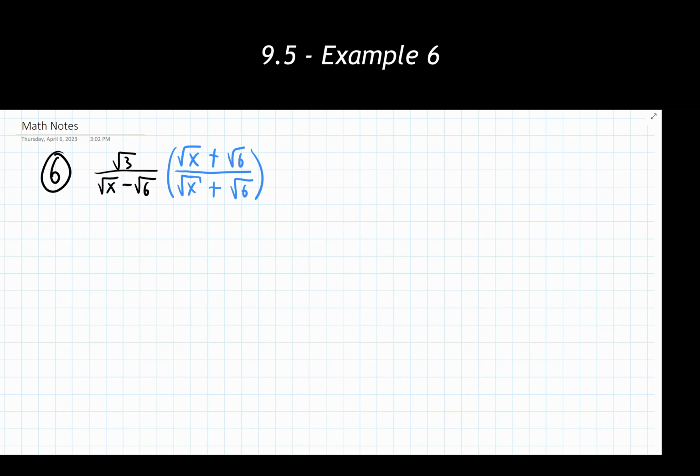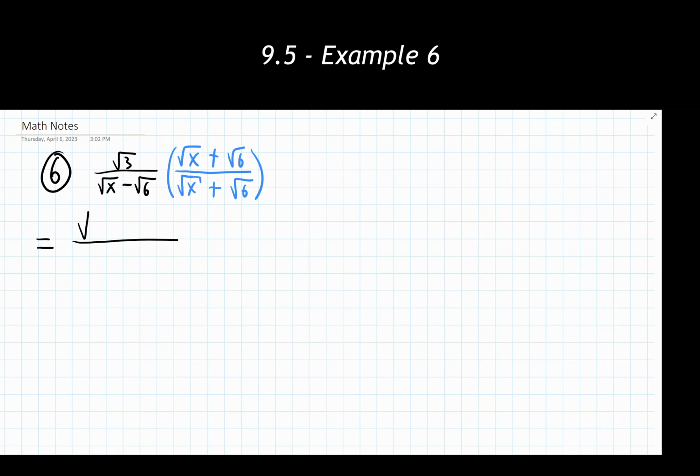And like we did with our previous example, you're more than welcome to actually write out for yourself each of these things multiplying together, or do it in your head of each answer to the distributive property applying here. So for the numerator, I'm getting the square root of 3 multiplying through to the square root of x and the square root of 6.